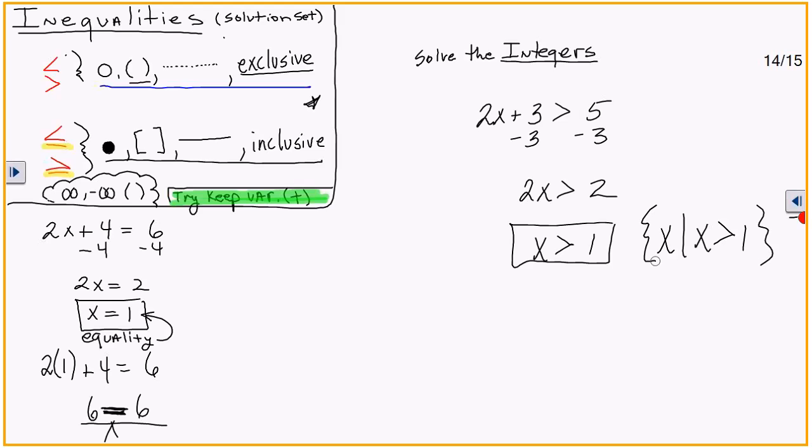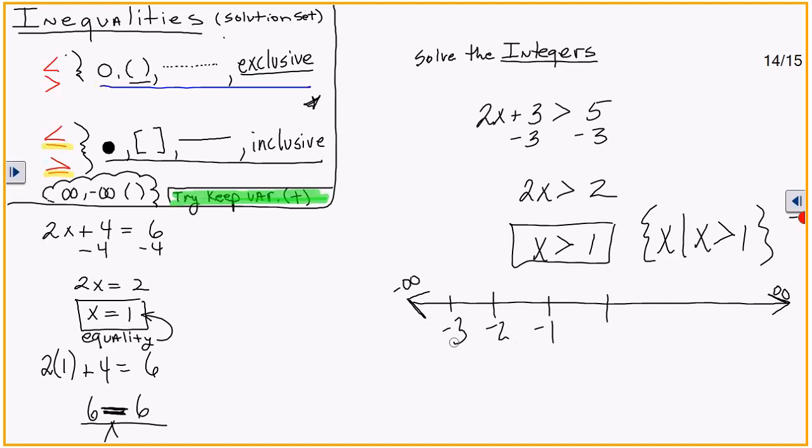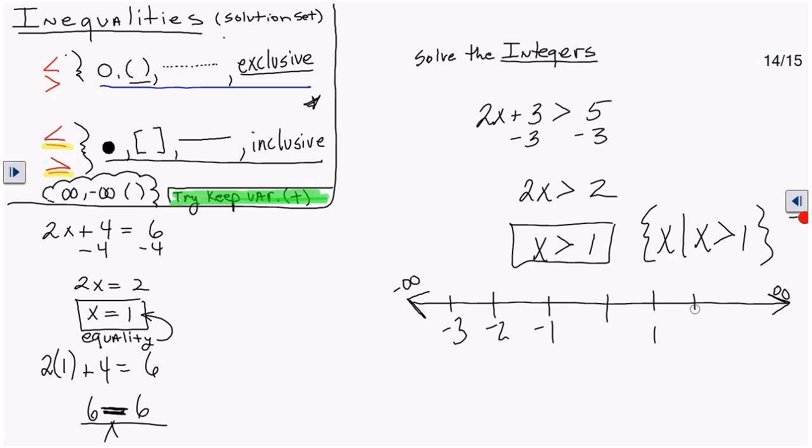And we're going to graph it. And this is where you've got to be careful. This is negative infinity, this is positive infinity. 0, negative 1, negative 2, negative 3, 1, 2, 3, and there's 0.